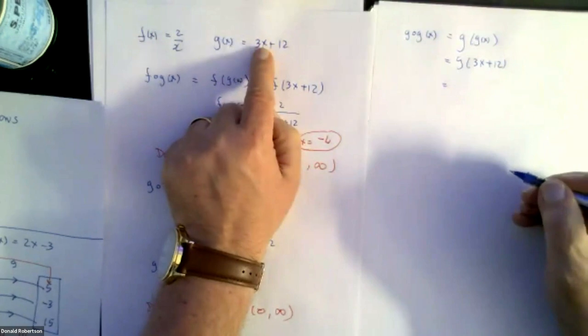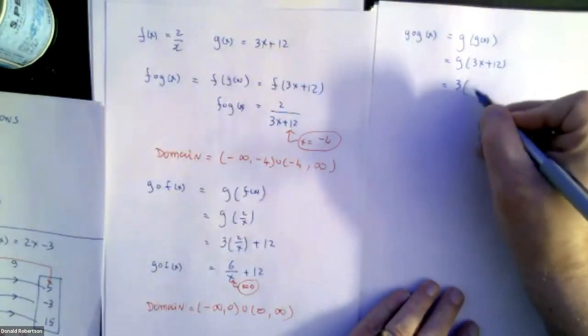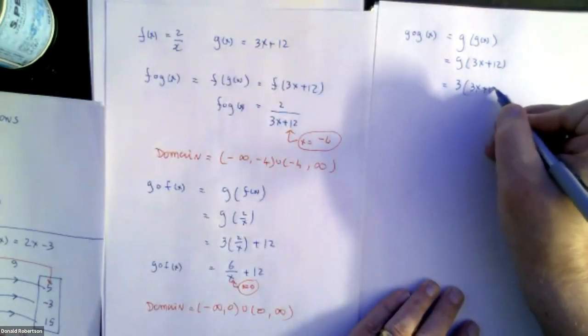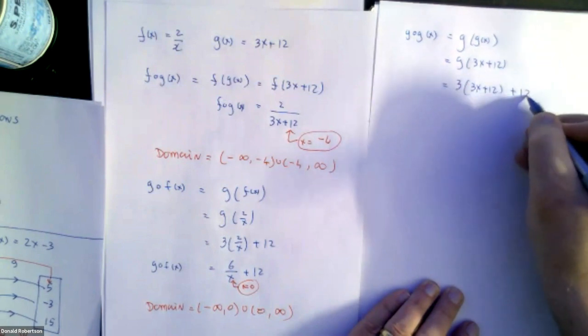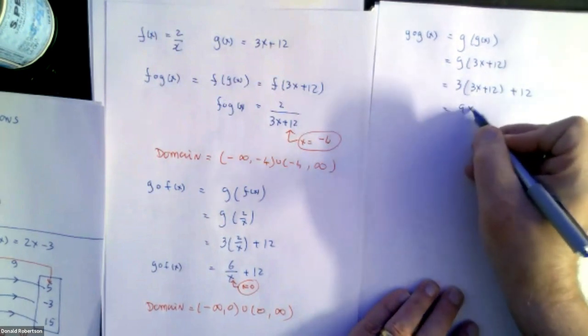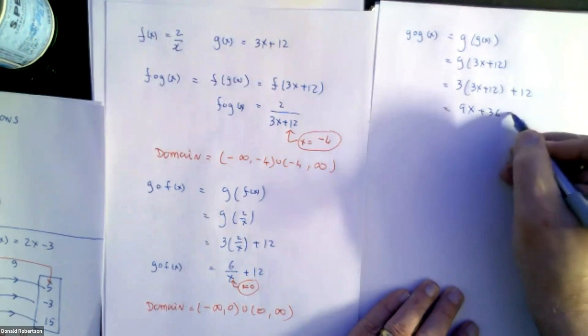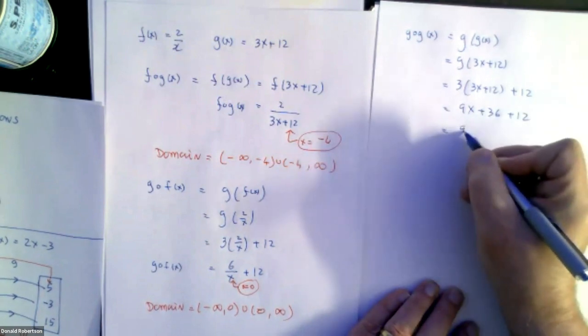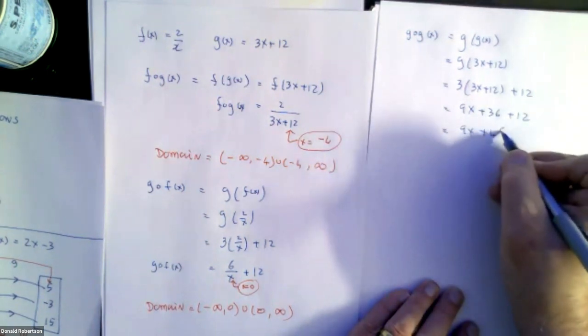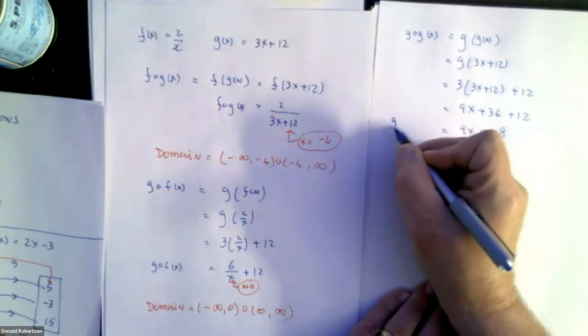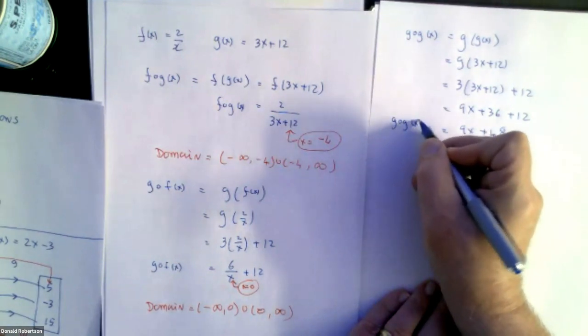This is 3 times what you give me add 12. So it's 3 times what you give me add 12. And then I do a bit of style points on it.